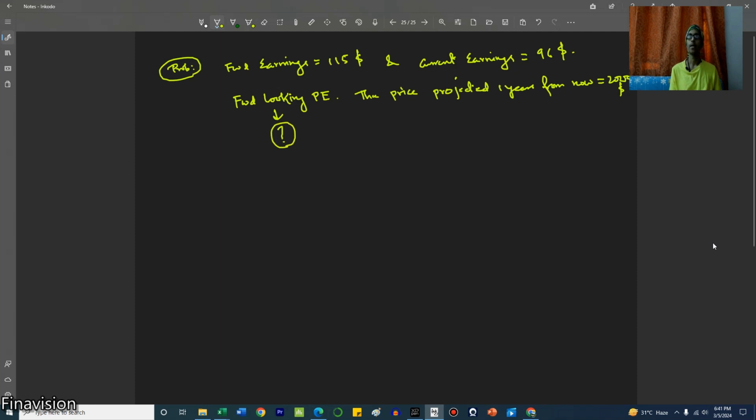So forward earnings is $115, current earnings is $96, the price projected 1 year from now is $2,000, current price is, let's say, $1,800.